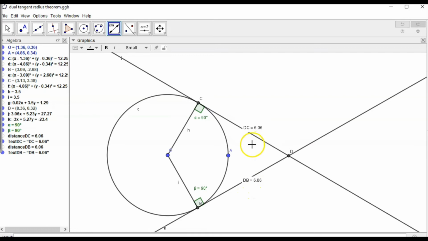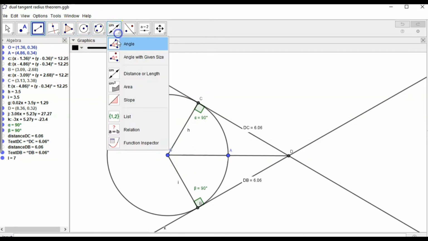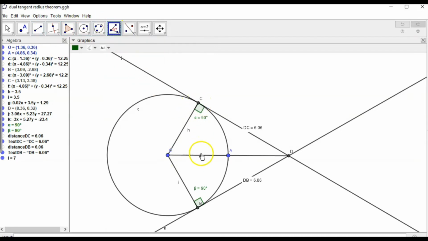Again, we also said that when you draw a straight line from the center to meet D, which is the point of intersection between the two tangents, the angle formed there will be divided into two equal halves. But before that, let's measure angle DOC. When we measured angle DOC, it showed an angle of 120 degrees.